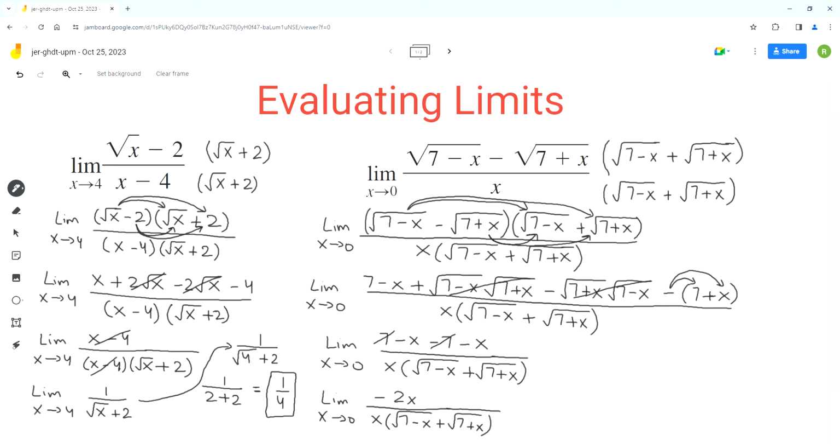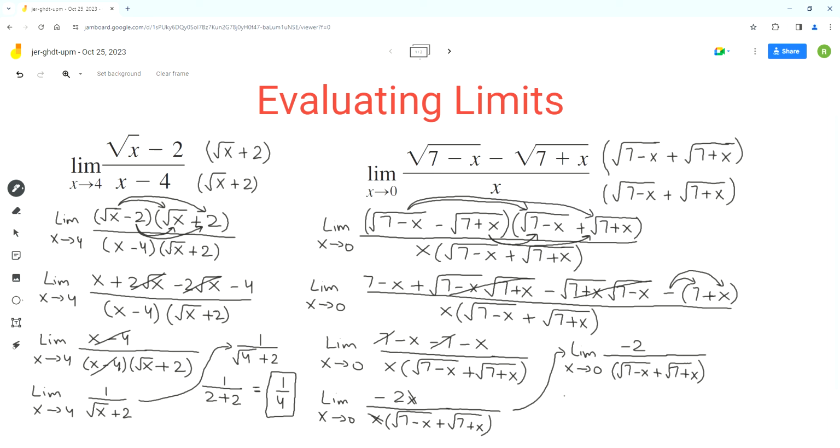Now we can cancel out the x's. We are left with limit x approaches 0 of negative 2 over square root of 7 minus x plus square root of 7 plus x. And now we can apply the limit.